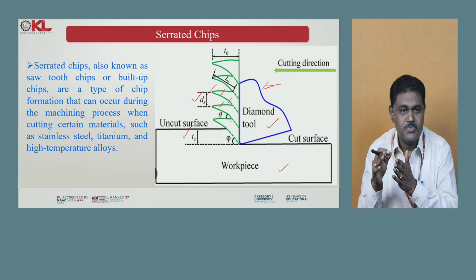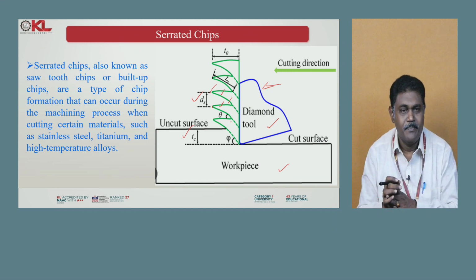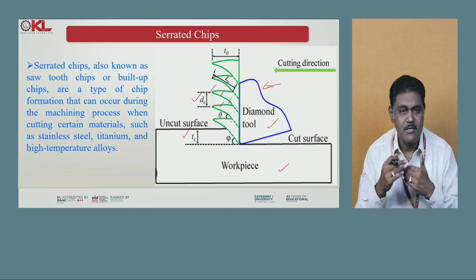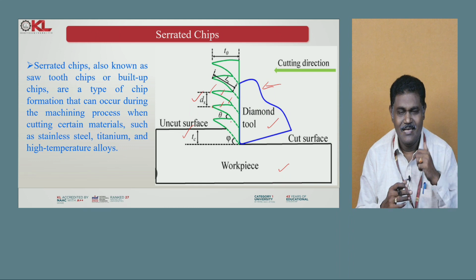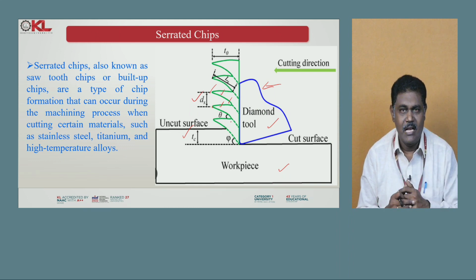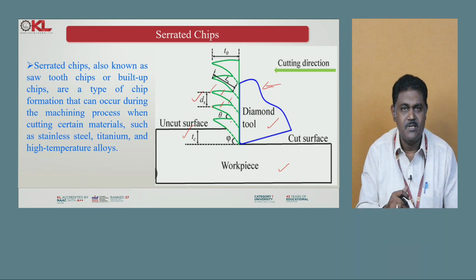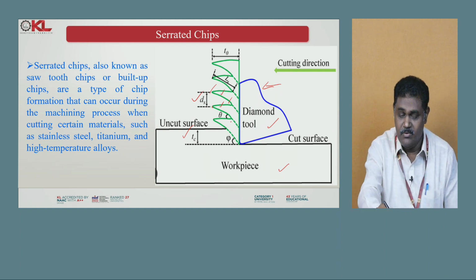So the built up chips are a type of chip formation that can occur during the machining process when cutting certain materials such as stainless steel, titanium, and high temperature alloys. And also you can observe the orientation of the tool against the workpiece. Now here you can see that this is the surface of the tool.